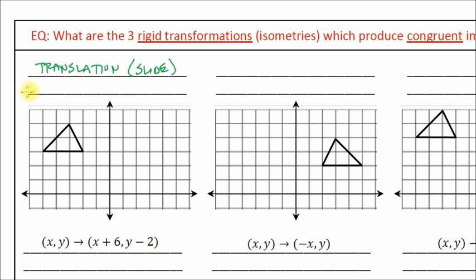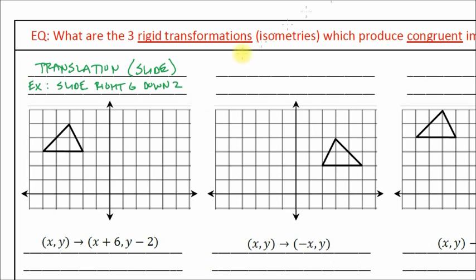And here's our example. Let's slide this triangle right 6 units and down 2. Let's slide it right 6 units and down 2.